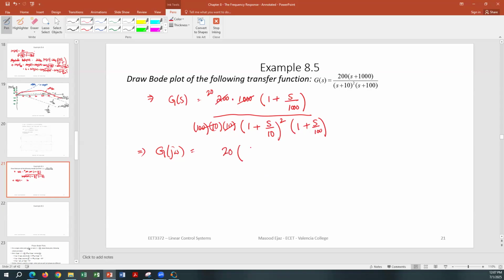So 20, 1 plus j omega over 1000, over 1 plus j omega over 10, 1 plus j omega over 100. So you're going to put down everything in terms of gain times zeros divided by the product of all the poles.